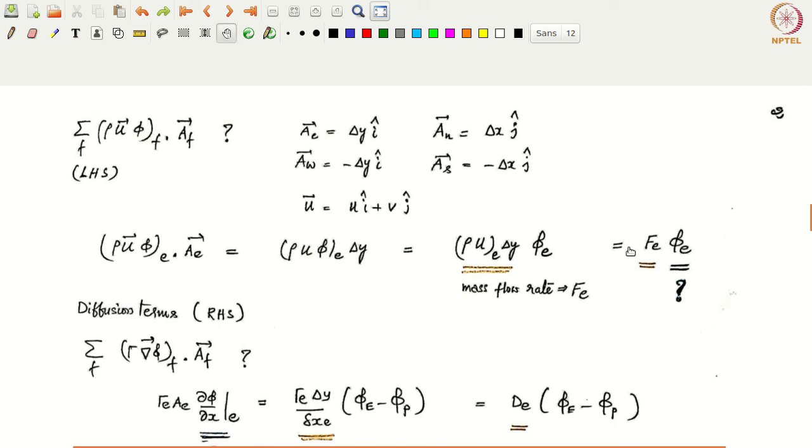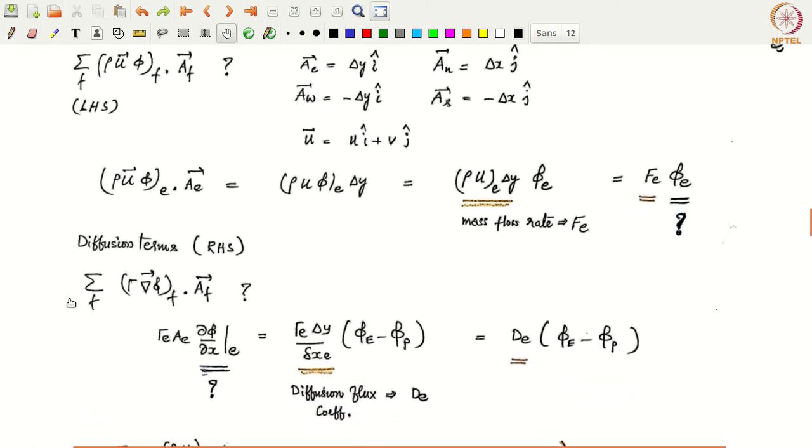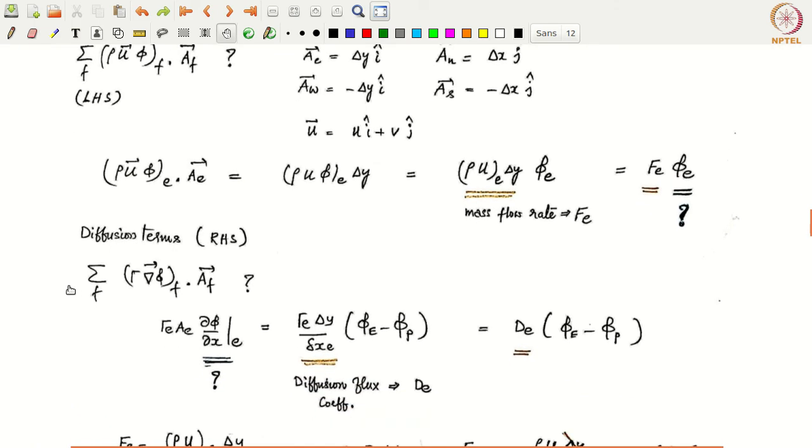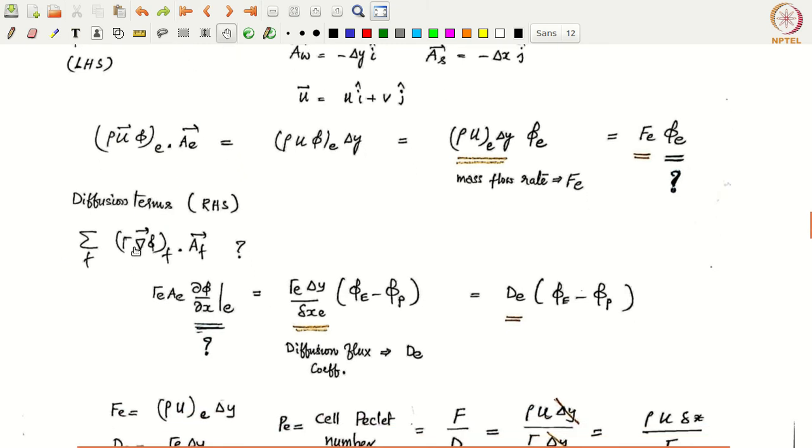Now let us look at the diffusion term as well, because when we write the equations, we want to introduce a slightly different notation than what we have used for the pure diffusion equation. So if you look at the diffusion equation on the right hand side, what we have is gamma grad phi f dot af bar, right?